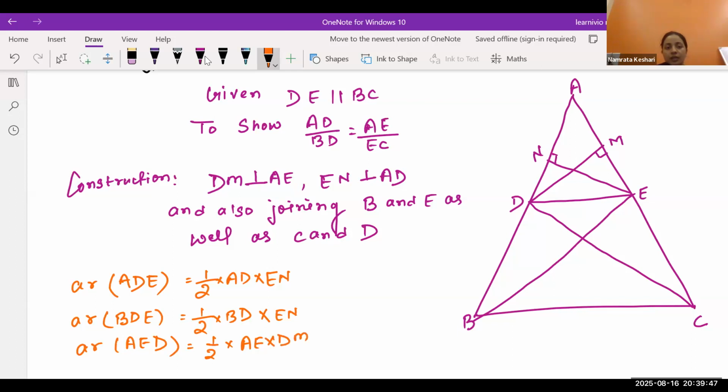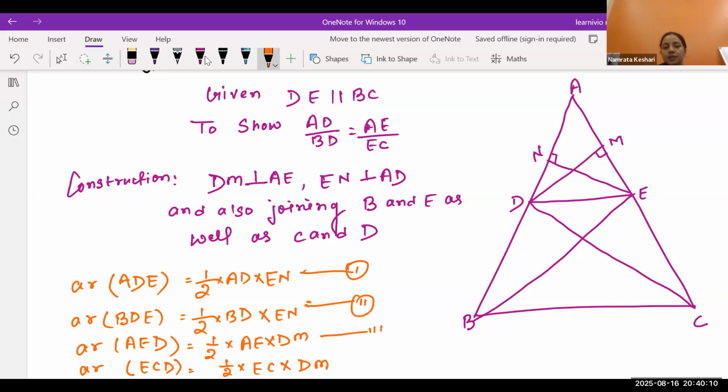And then again, we have taken the area of a triangle. According to EC, we have chosen ECD, and this is 1 by 2 into EC into, on this EC, the perpendicular DM. Now we have divided 1 by 2 and 3 by 4.